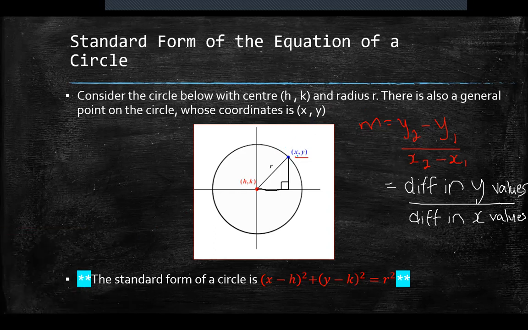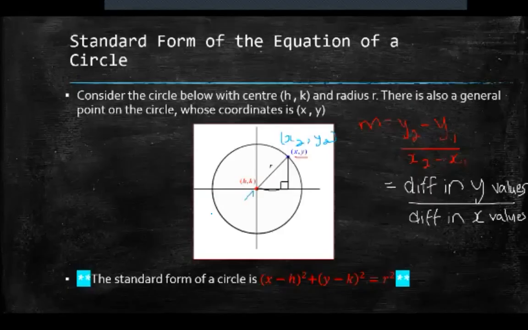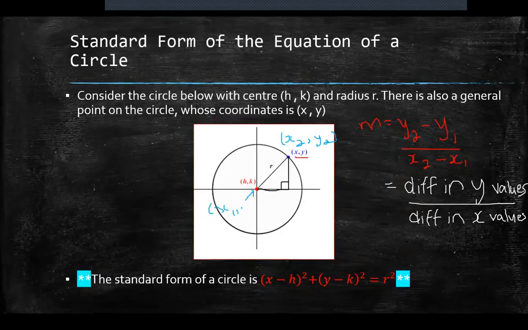In this case, this coordinate here, this general point, would be considered my (x2, y2). And this point, the center here, is my (x1, y1).